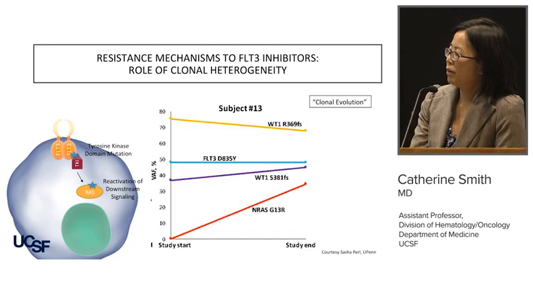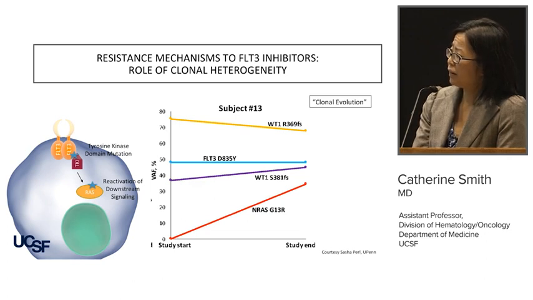In some subjects, the RAS mutation was undetectable at the time of study start, and then clearly was acquired at the time of drug resistance, whereas we saw maintenance of the FLT3 mutation variant allele fraction that's similar from study start to study end, suggesting there might have been a small population of double mutant NRAS and FLT3 mutant cells at the time of study start, or that this double mutant population was somehow acquired and enriched throughout the course of the study.